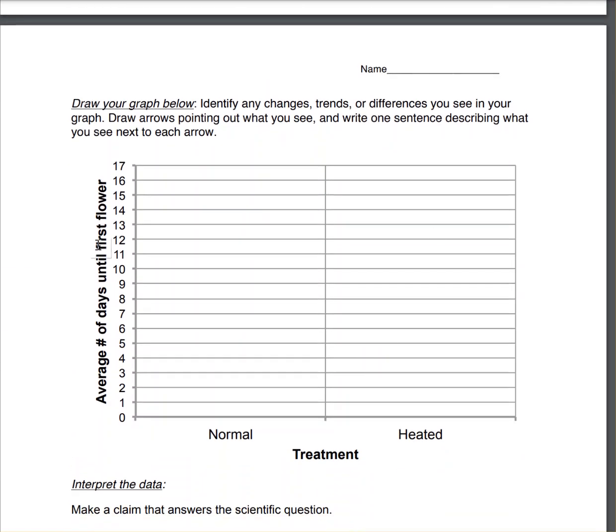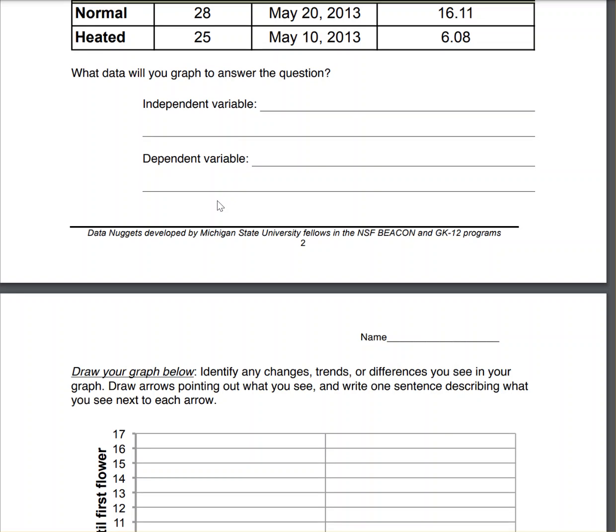Then we get here to our graph. And we have to make a graph based on the data that it gave us. We're going to make a bar graph here. And it says on our y-axis, the average number of days until first flower. And we're going to do this for the normal plot right here and for the heated plot over here. So for the normal plot, we need to go back to our data and find out how many days until first flower.